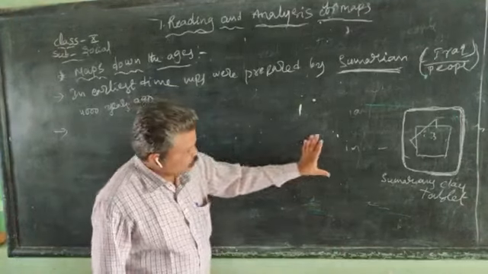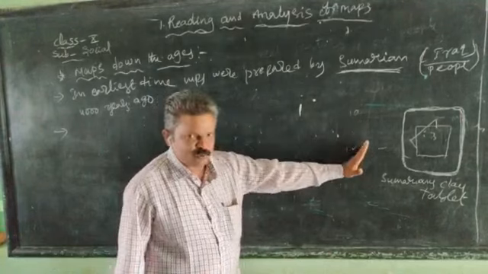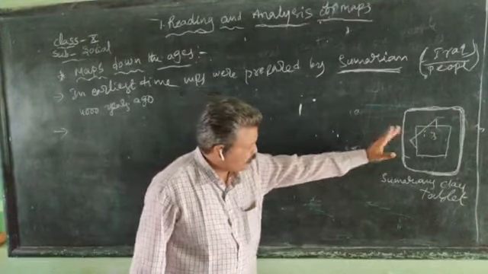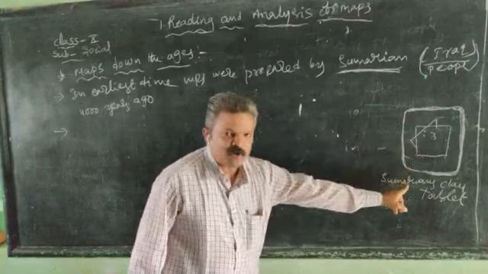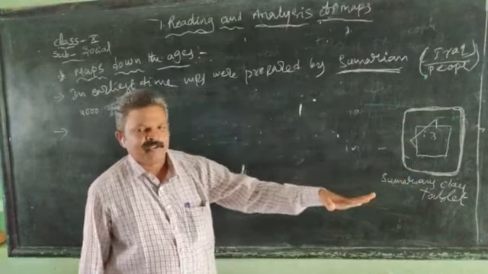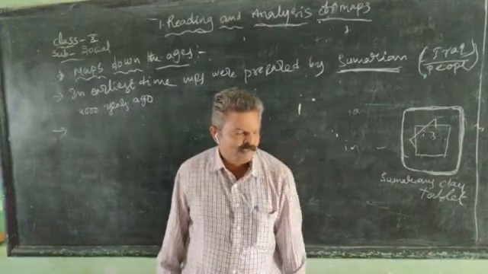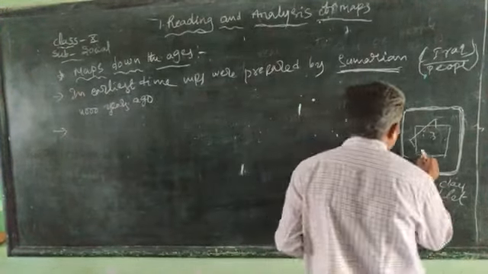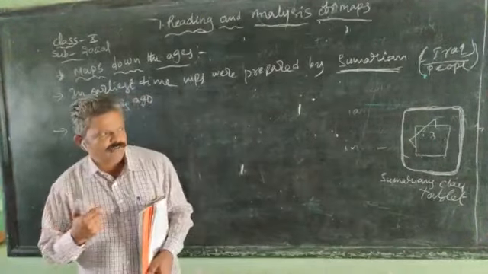So here also the Sumerians recorded all the lands in these maps, and these land records were kept very carefully, including how much land there was. Even today we have land records.